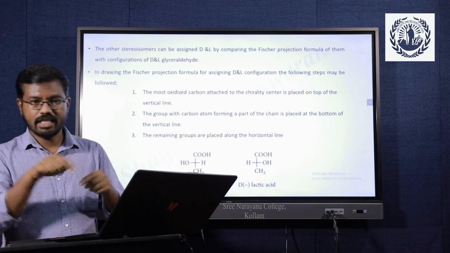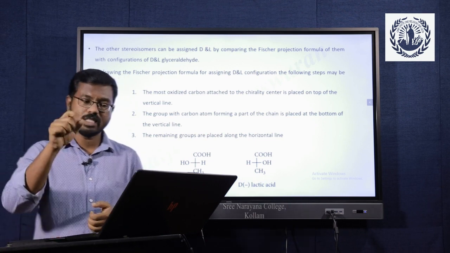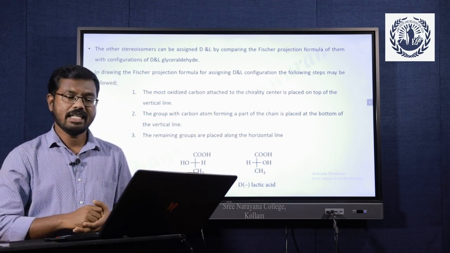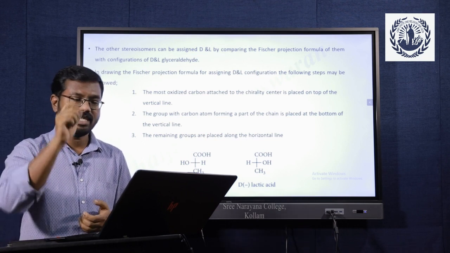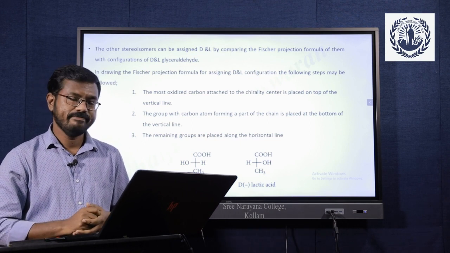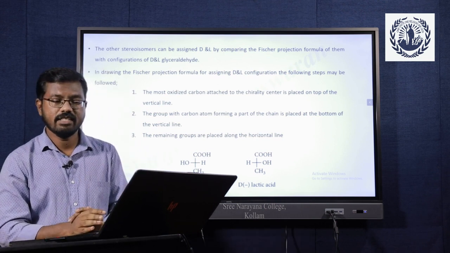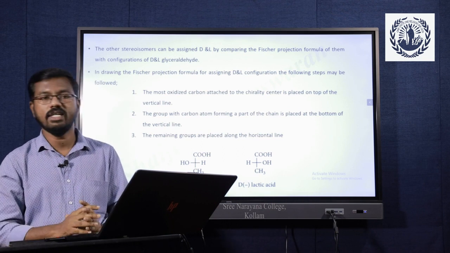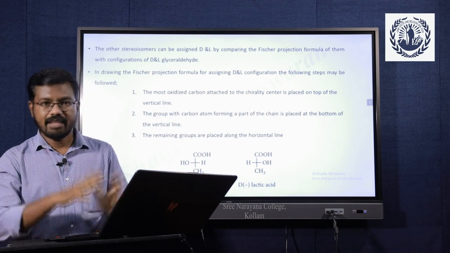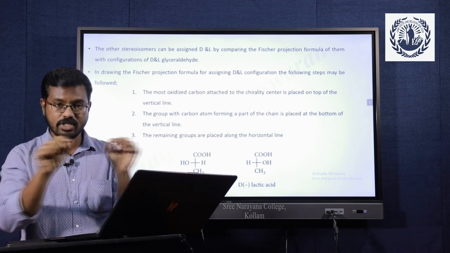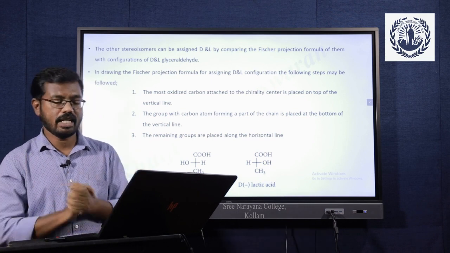As I said, while writing the Fischer projection formula, the most oxidized carbon attached to the chiral center is placed on the top of the vertical line, and the group with the carbon atom forming a part of the chain is placed at the bottom of the vertical line. The remaining groups are attached along the edges of the horizontal line.